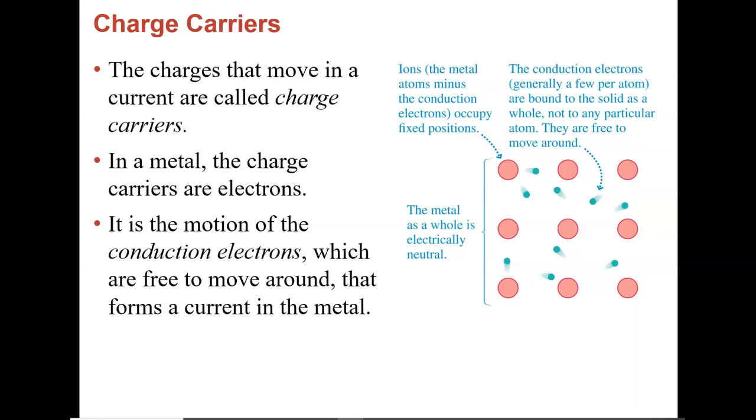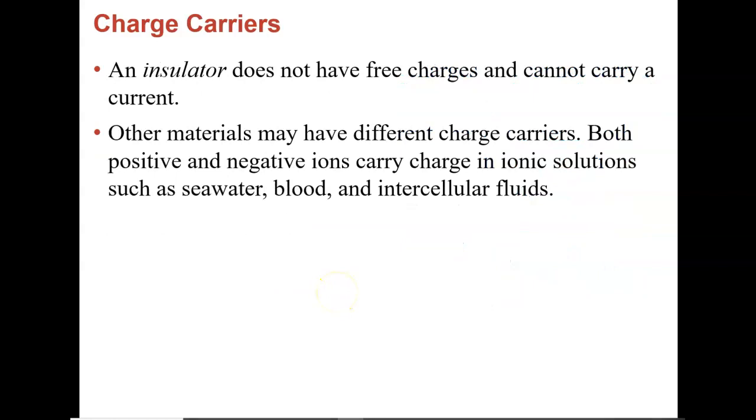The electrons carry the charge from one place to another one. So these electrons are free to move through basically the surface of the material. Insulators do not have free charges and don't carry a current. So this current is all about the charge moving.